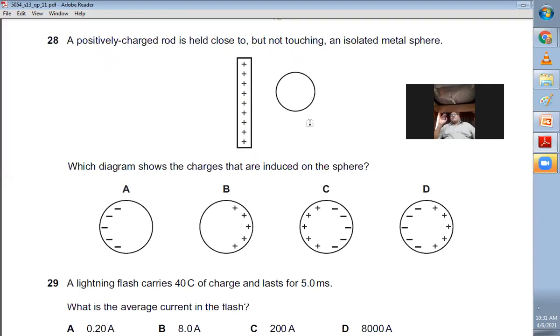The end of the sphere near the positively charged rod will attract electrons, so the left end of the metal sphere will have a negative charge, and the right end will have a positive charge. The amounts of negative and positive charge will be equal to each other. So D looks like the right answer. Question number 28, I think D is the right answer.